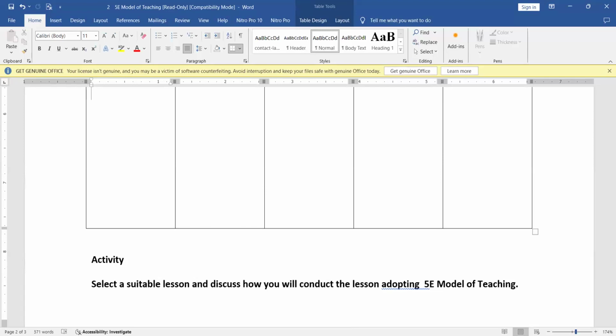Any example of a 5E model teaching? No? I'm waiting for you to respond.